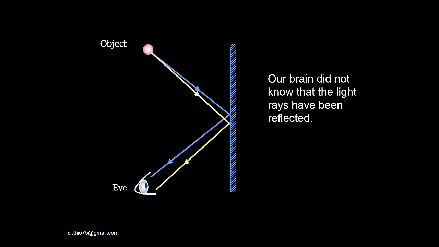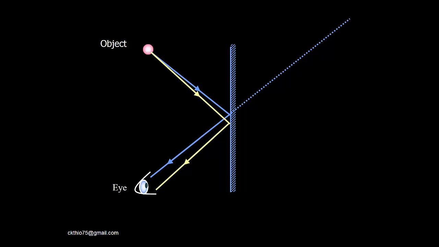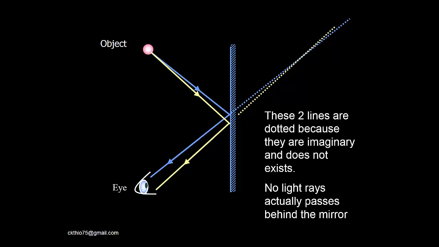Our brain doesn't know that the light ray has been reflected, but it thinks that the ray has traveled in a straight line and come from within the mirror. So if we extend the blue and the yellow line through a dotted line, you find that the light ray seems to come from here, and this is where the image would lie.